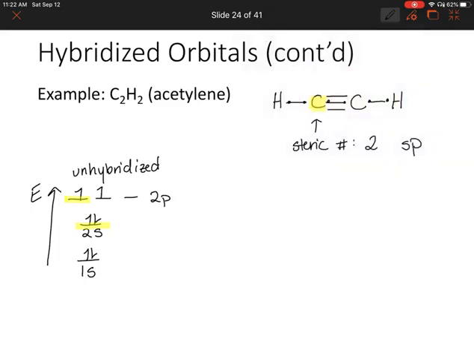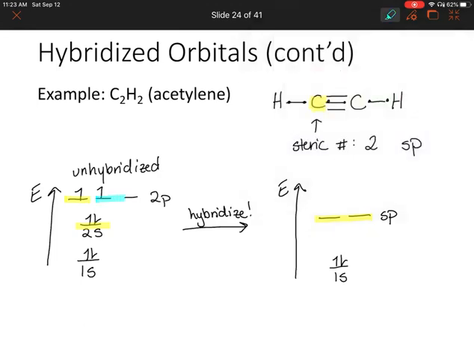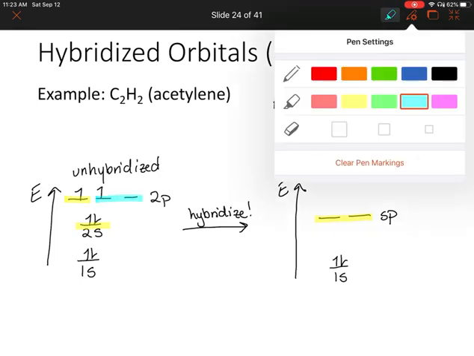Okay, so now we're going to use our magic hybridized powers, and we're going to create 2 hybridized sp orbitals from those 2 orbitals I highlighted in yellow. And then we have 2 leftover p orbitals.